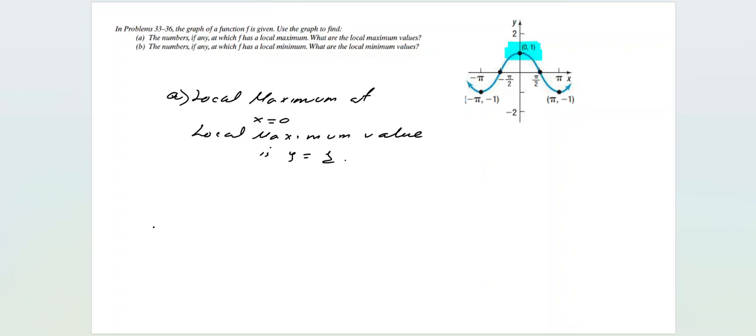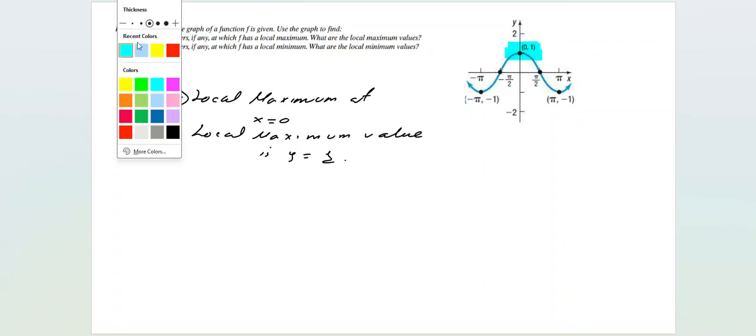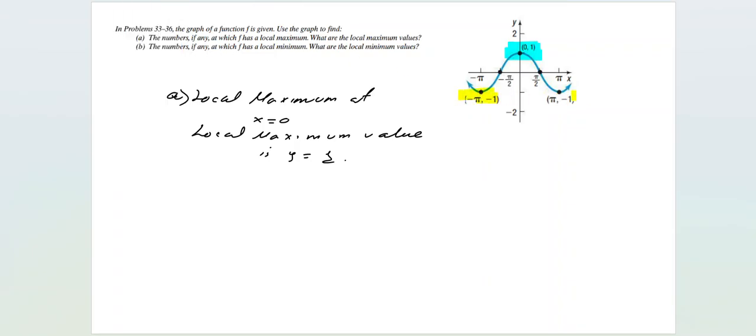Now let's go over the local minimums. So when we look at the graph, we have two local minimums, right? So we have a local minimum at minus pi comma minus 1, and we have another local minimum at pi comma minus 1.